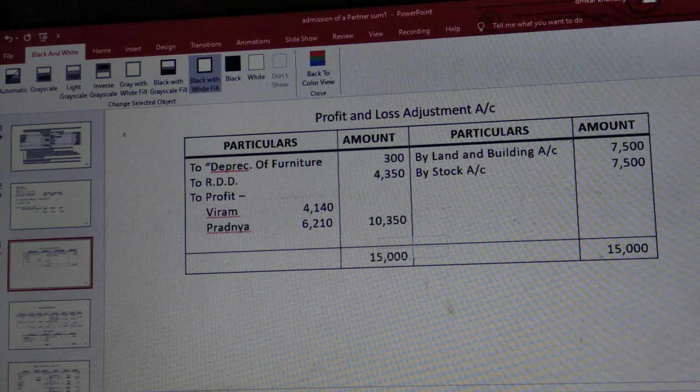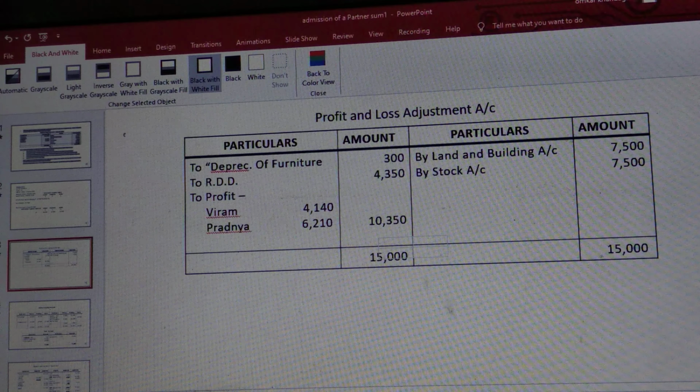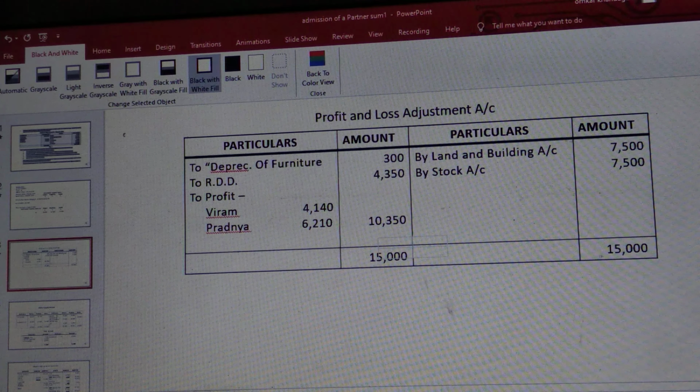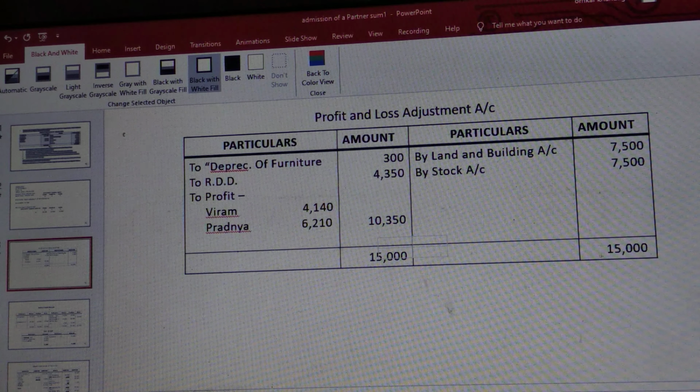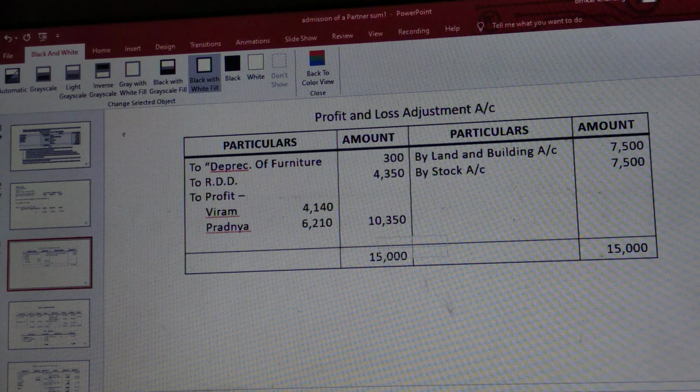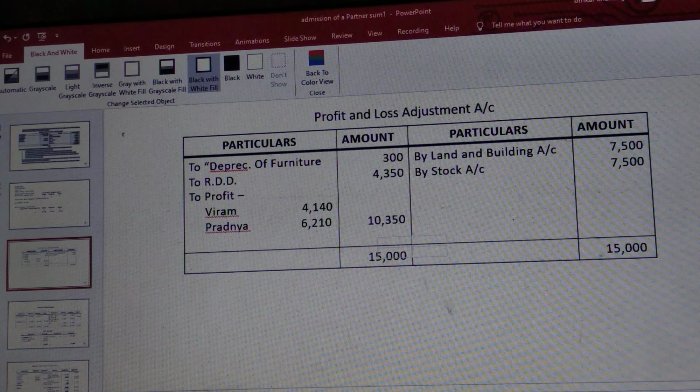So see, I have made: to depreciation on furniture 300. Now to RDD. RDD is to be provided at 5%, they had said in the adjustment. And how much were the debtors? 87,000. On 87,000, 5% RDD comes to 4,350.